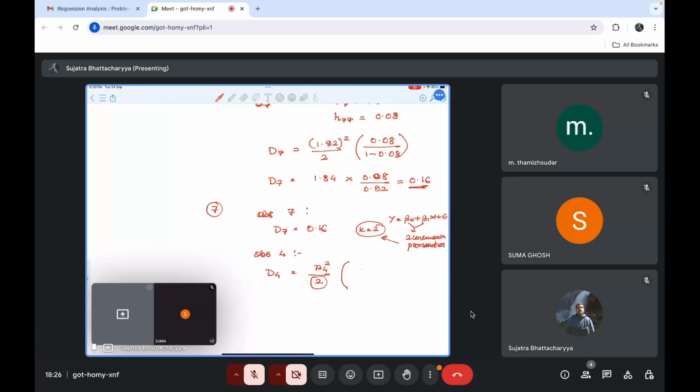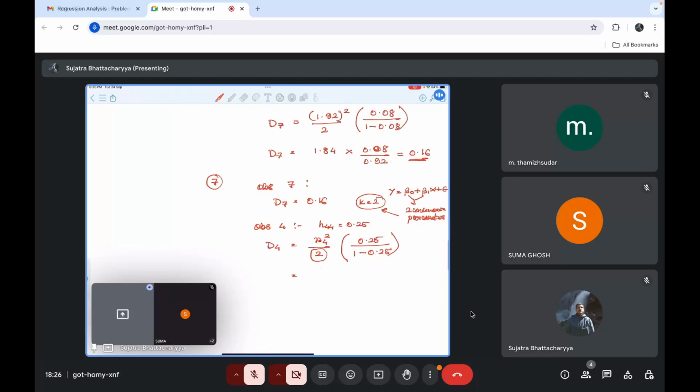Into H44. H44 is 0.25. So I'm just writing 0.25 divided by 1 minus 0.25. Right? So what is R4? R4 is given to be minus 1.85. Its square, because R4 square is there, divided by 2 into 0.25 divided by 1 minus 0.25, which is 0.75.